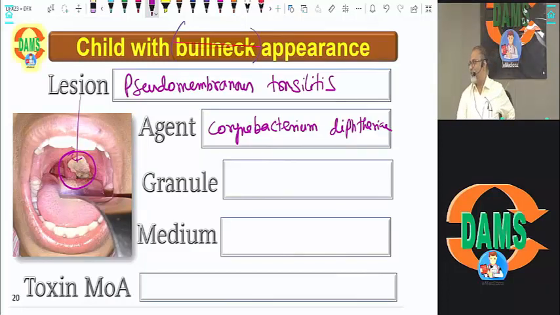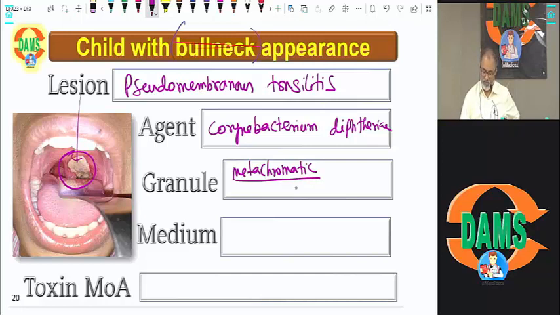Second thing, granule. That is called volutin granule or metachromatic granule. The staining technique is called Albert stain, Ponder Albert Neisser stain. Volutin granule or Babes Ernst granule, these are all the other names.